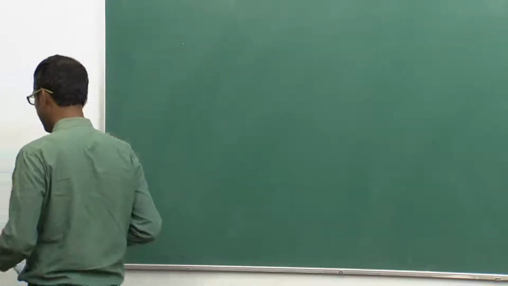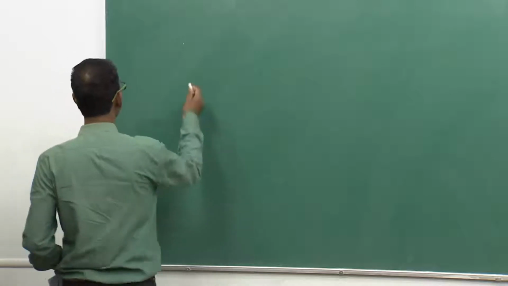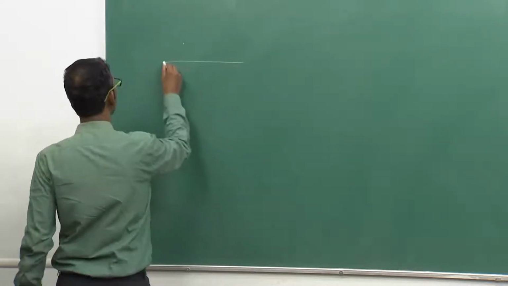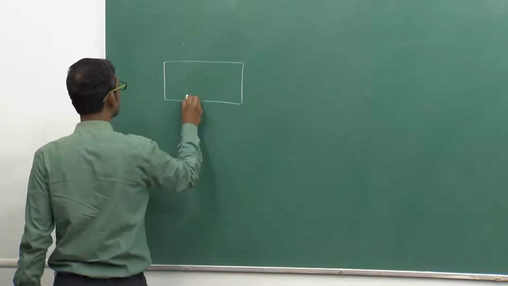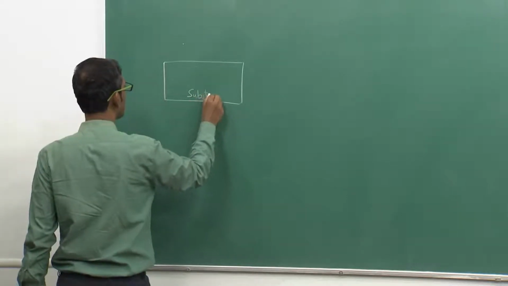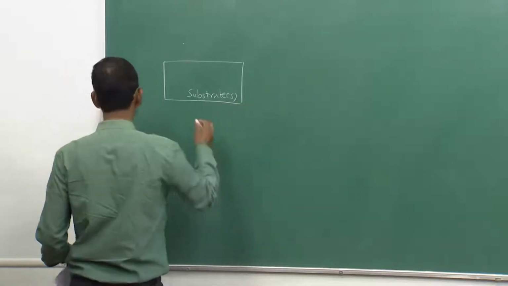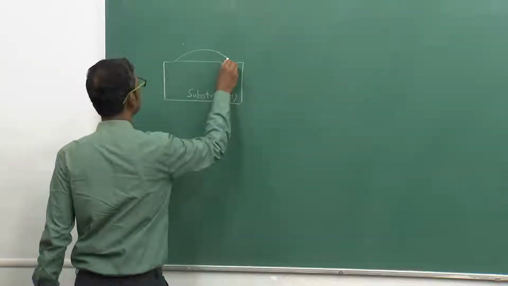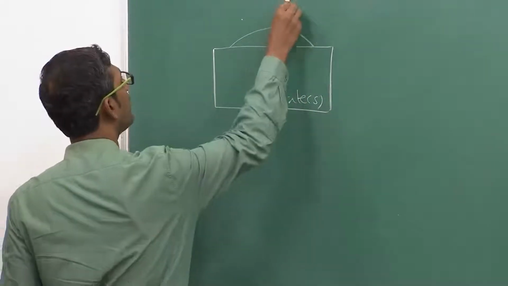First of all, the model which I have used looks like this. If I have a substrate like that, this is the substrate, and we have a solid phase, known as the crystal, forming out of the liquid.